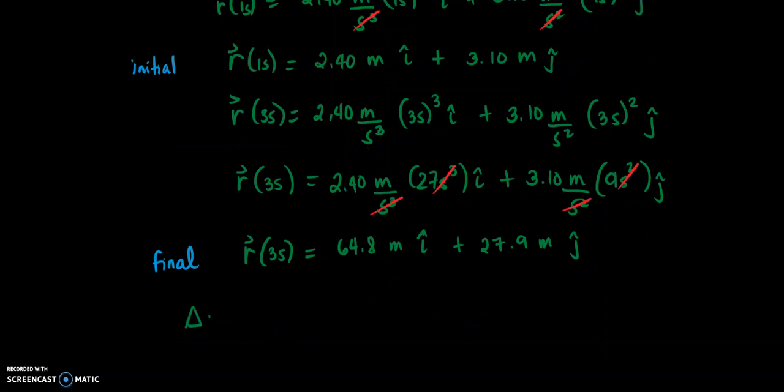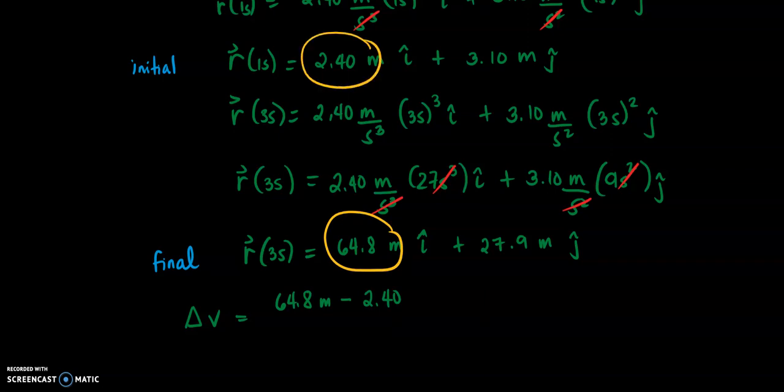wherein average velocity is equal to the change in x, which is 64.8 meters minus 2.40. These are the values, 64.8 and 2.40. Then divided by the final time, which is 3 seconds, minus initial time 1 second.